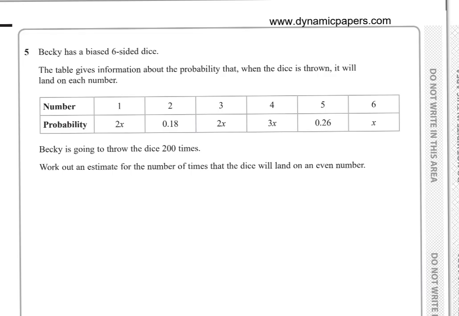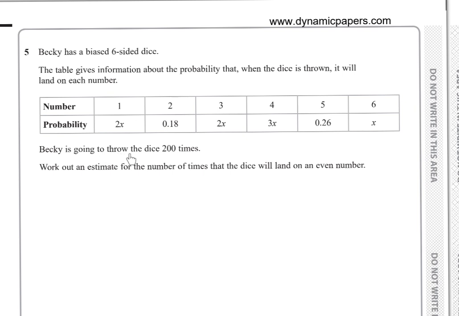Number 5. Biki has a biased 6-sided dice. The table gives information about the probability that when the dice is thrown, it will land on each number. Probability of 1, 2x, 2, 0.18, probability of 3, 2x, probability of 4, 3x, probability of 5, 0.26, probability of 6 equals x.